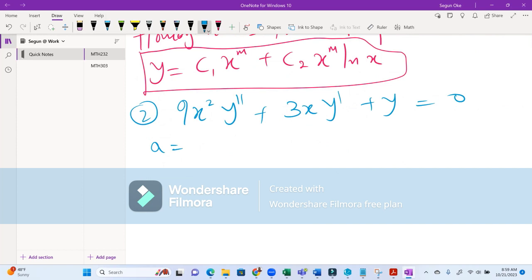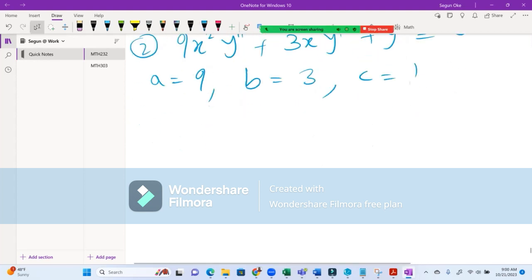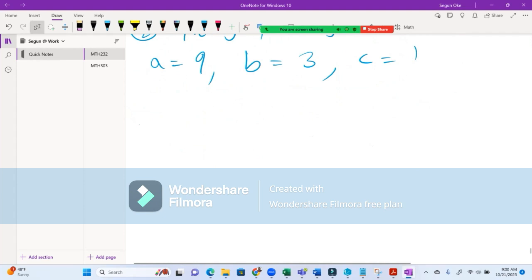A is 9. B is 3. Then C is 1. So you don't need to go through all those rigorous analyses since you've solved the first one. Then substitute it.